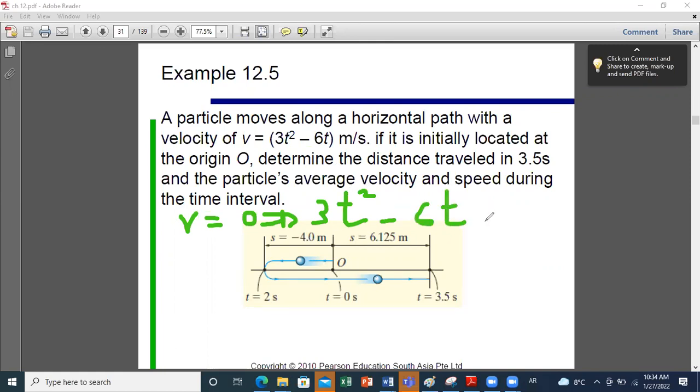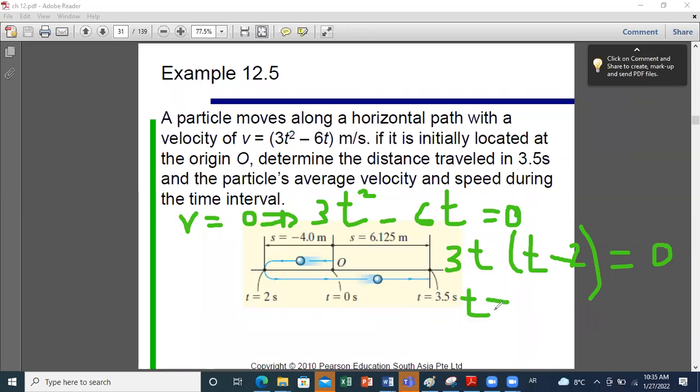If I factor out 3t, this is equivalent to 3t times (t minus 2) equals 0. Now, the possible solutions for v equals 0 are t equals 0 and t equals 2 seconds.